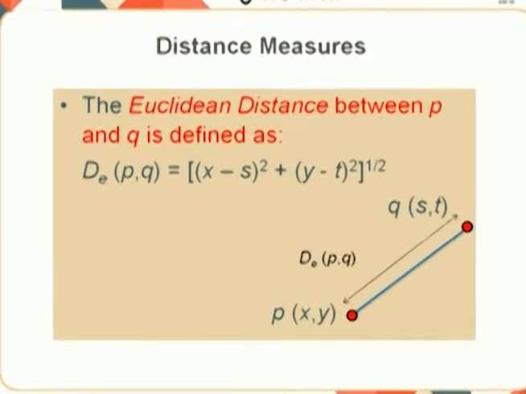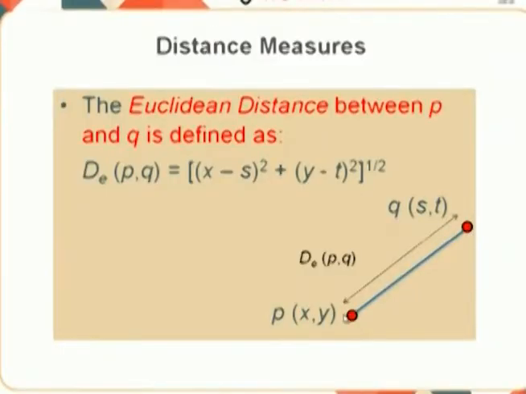In geometry, the distance between 2 points can be measured in a number of ways. One way is the Euclidean method, and that distance is called the Euclidean distance. Let us assume that we have 2 points P of (x, y) and Q of (s, t), where x and y are the coordinate positions of the points.